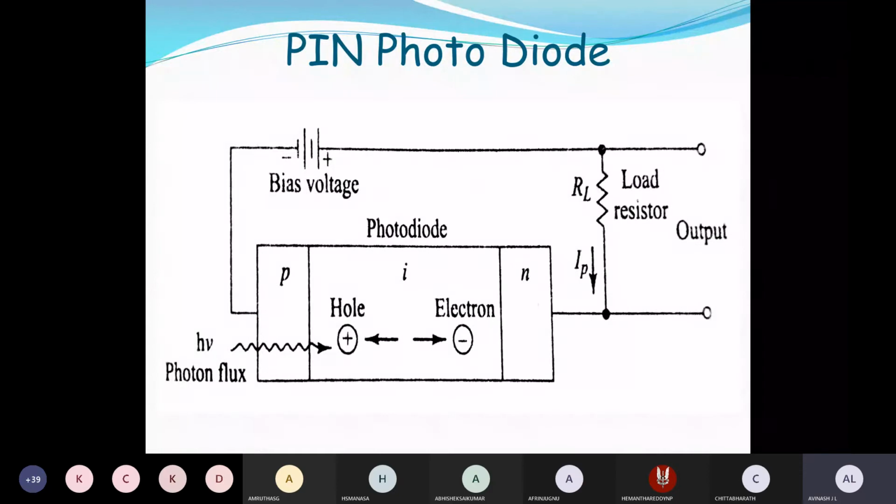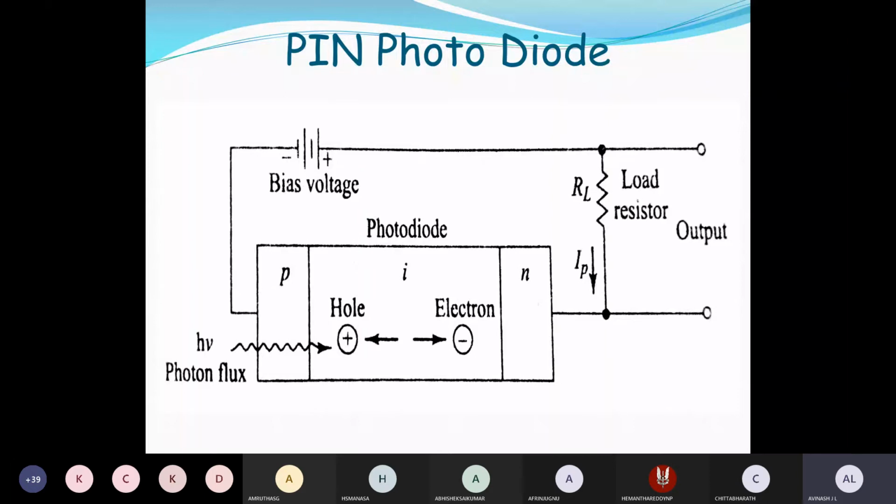In the photodiode, it will be a P and N region separated by the intrinsic semiconductor I. So p-type will produce the positive charge and n-type will produce the negative charge. Between the p and n-type, in the intrinsic region, this is going to happen.